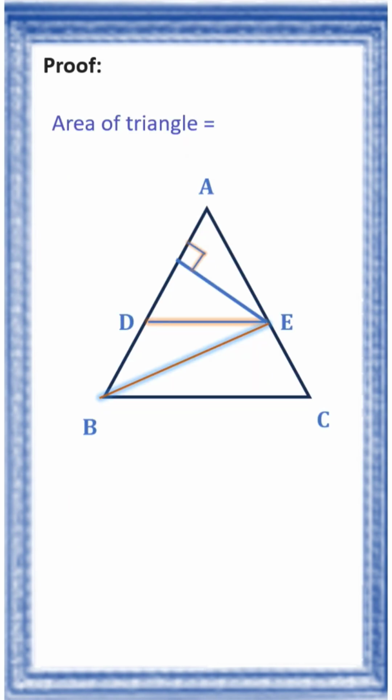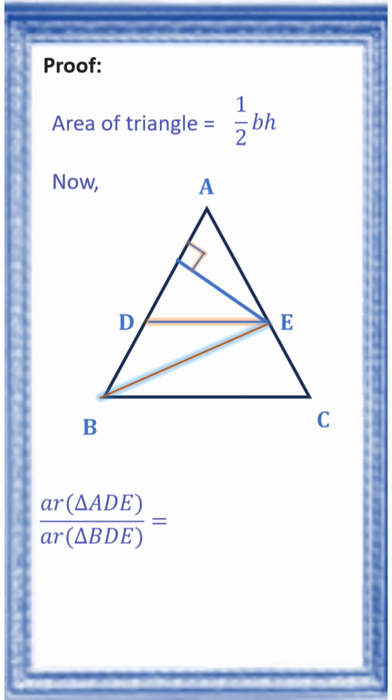Now we have to take the areas of the triangles and the ratios of the areas. You know that the area of a triangle is half into base into height. In the two triangles ADE and BDE, let us take the ratio. Ratio of area of triangle ADE upon area of triangle BDE. Now let us take the area of the triangle ADE.